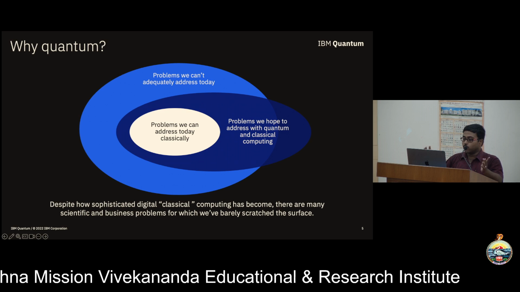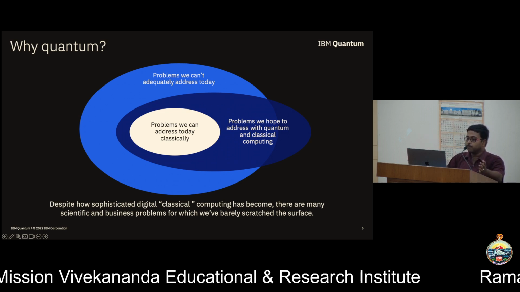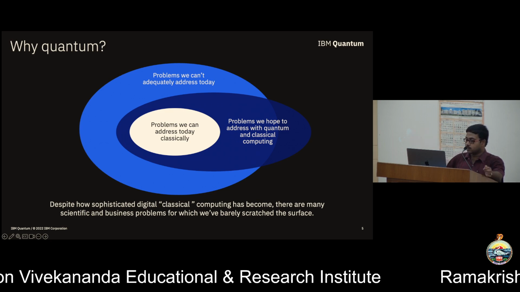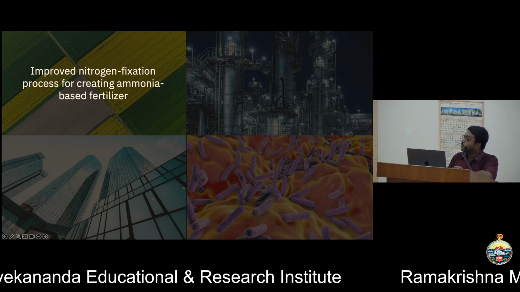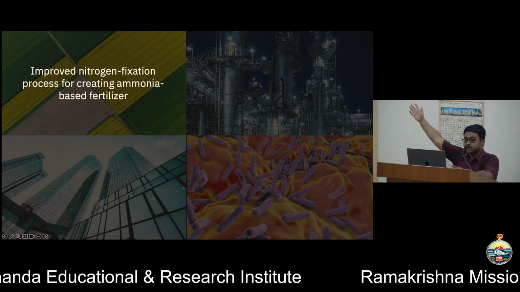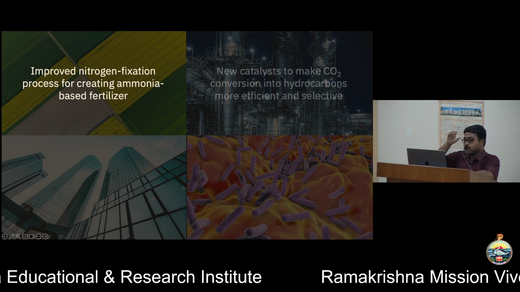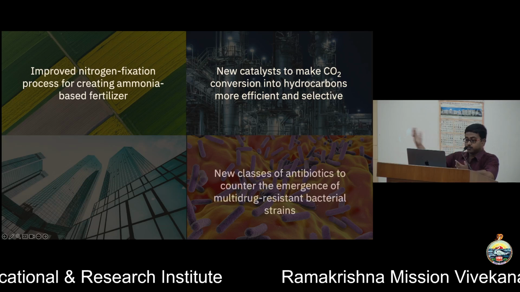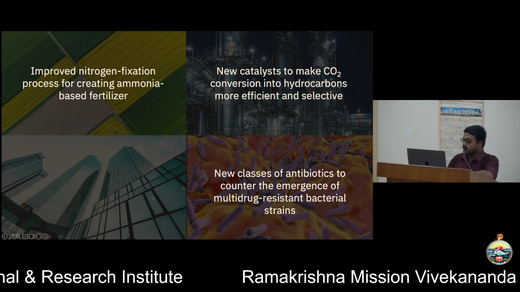So what we hope is that together, quantum and classical computers can address problems that we are not able to address now. It's never too bad to think big. What are the things that we hope we can address on a bigger scale? Maybe finding good fertilizers, maybe getting better catalysts, maybe new drug discovery. That's the example I was talking about before.